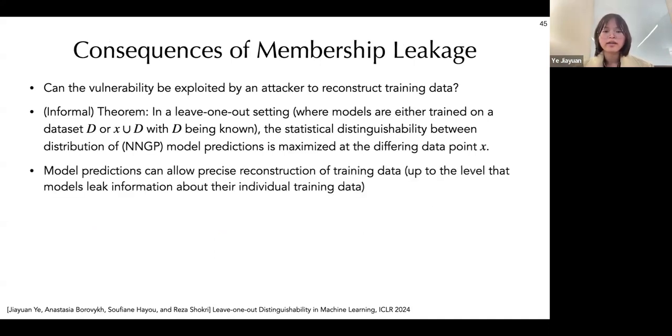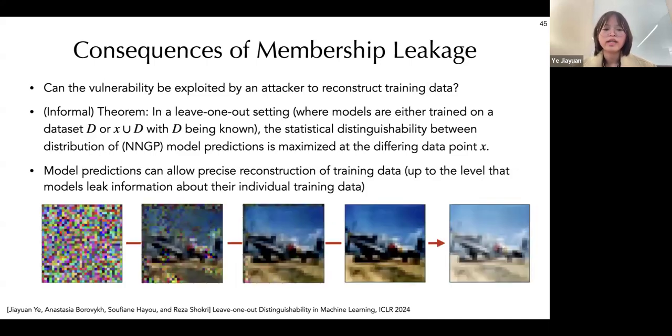And consequently, if the adversary has access to how the model prediction looks like in this leave-one-out world, it can maximize it to allow precise reconstruction of the training data. That is, when it starts from a randomly initialized data point, it can move it along the direction that increases the membership leakage and move it again to further increase the membership leakage, so on and so forth, until it ultimately recovers the differing data in this leave-one-out setting.